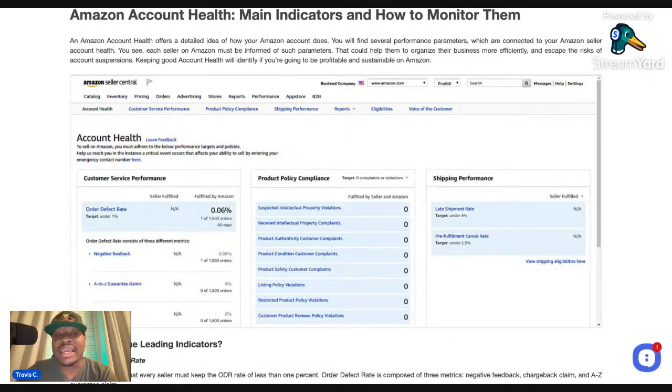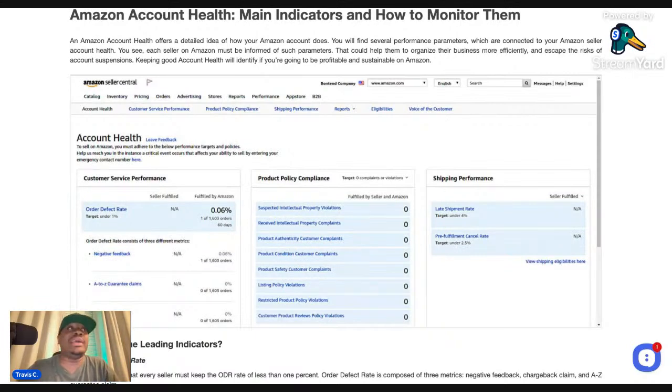So one of the things that counts towards that ODR is a negative feedback, right? A negative feedback is whenever a client or a customer is not happy with your service or your product. Under merchant fulfilled, they can leave this feedback and it's harder to remove.